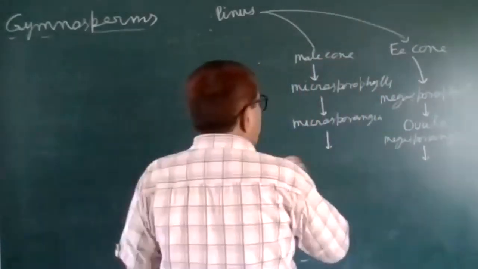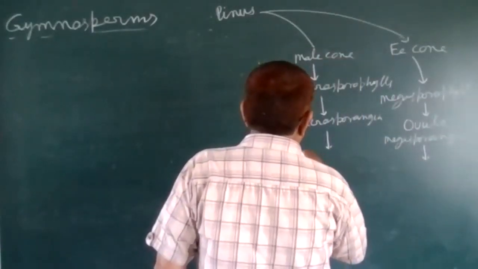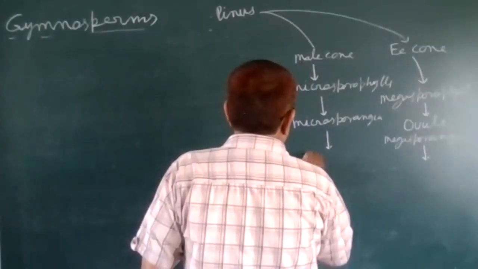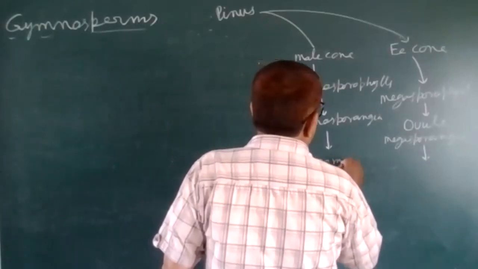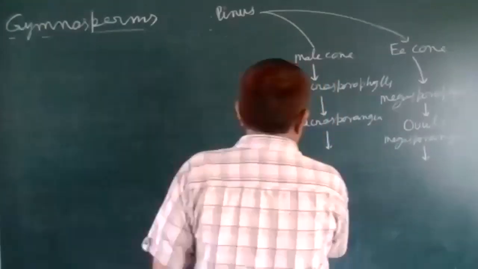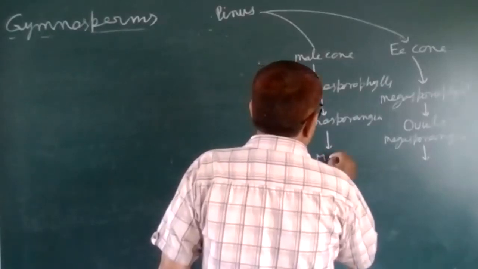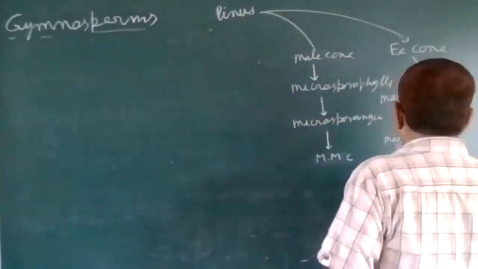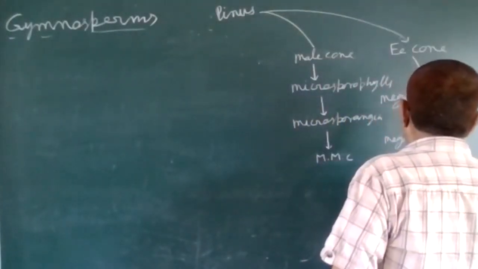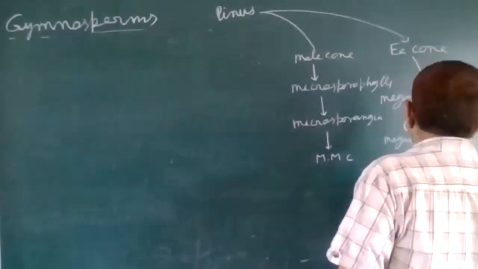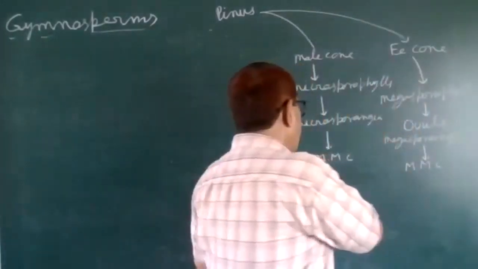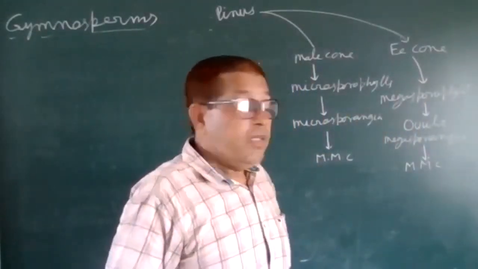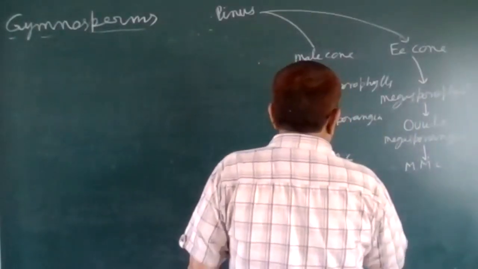Here we write microspore mother cells, and here megaspore mother cells. In both cells, meiosis cell division takes place.